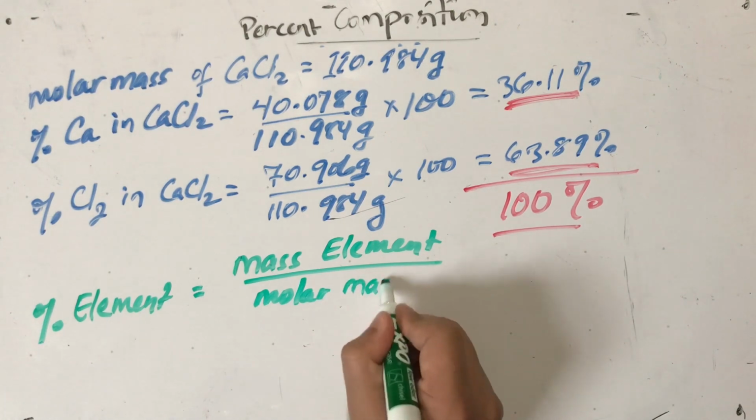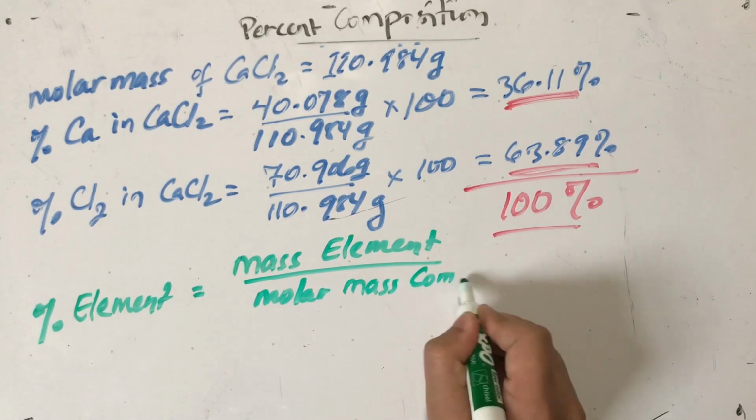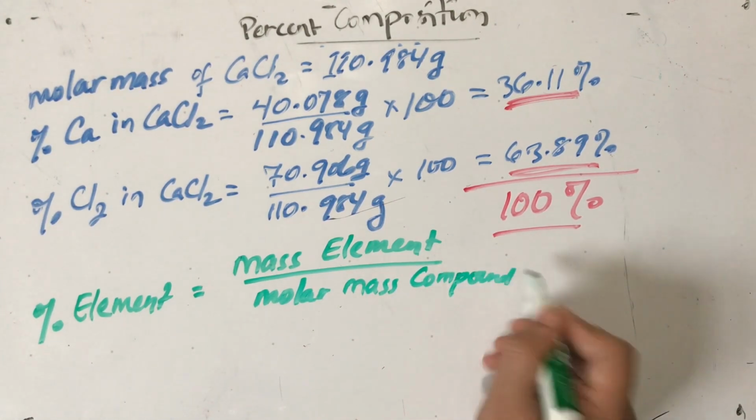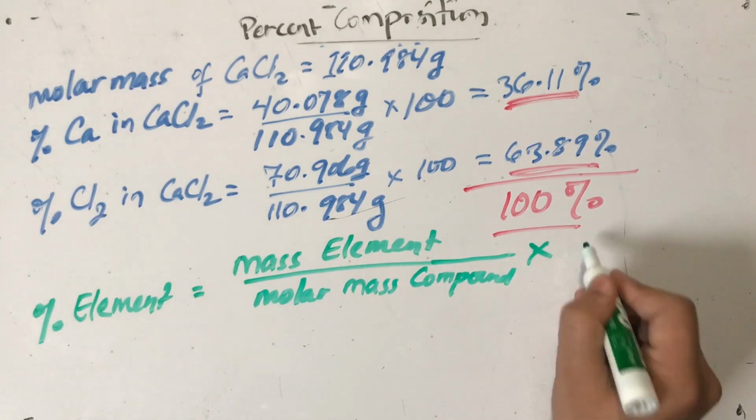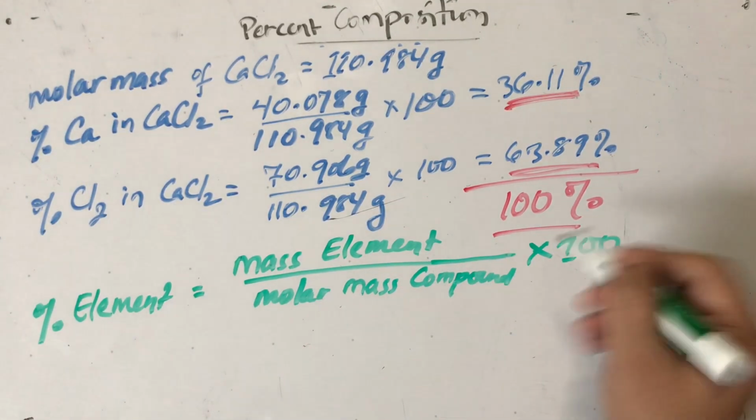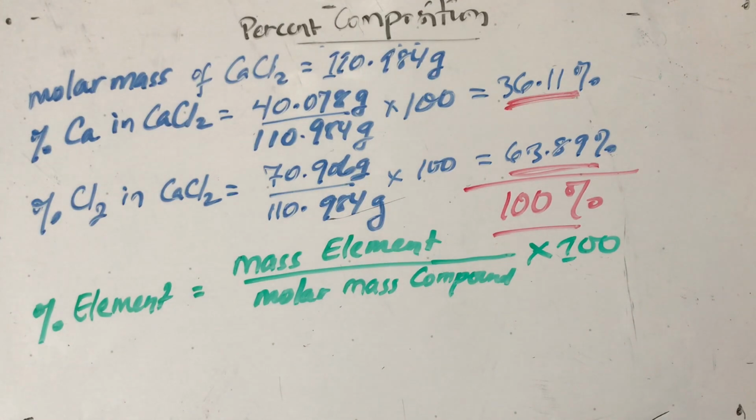Then you multiply your answer by 100, and that gives you the percent composition of each element in that compound.